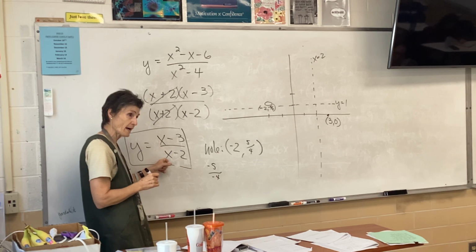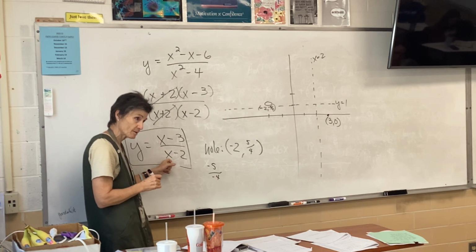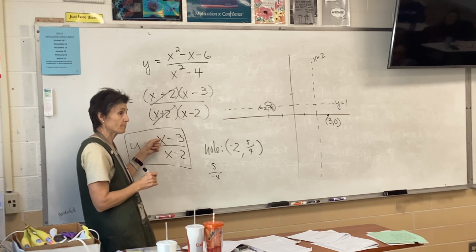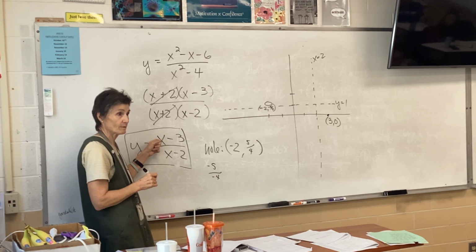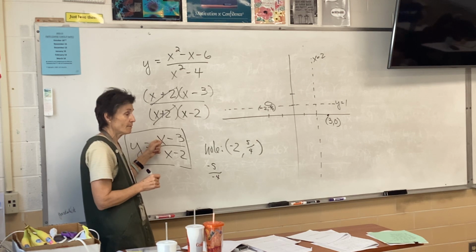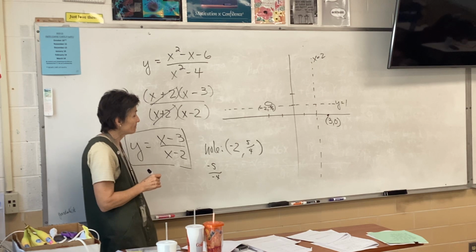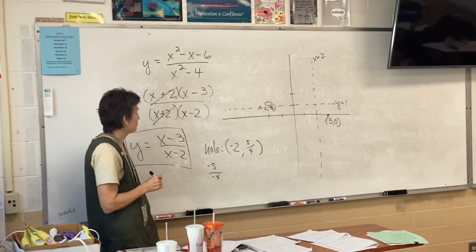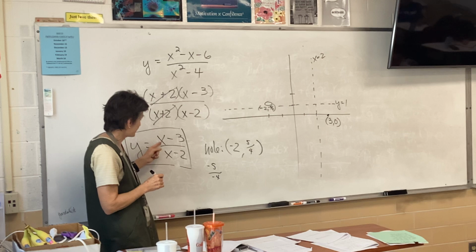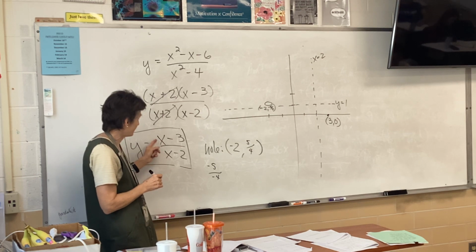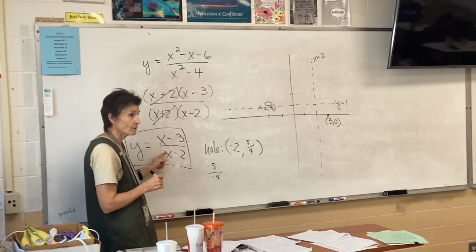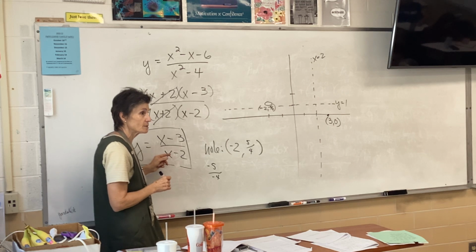Your vertical asymptote comes from the denominator. Your x-intercept comes from the numerator. And then how do I get my y-intercept? Plug in 0. And when you plug in 0, this is kind of an easy one. Don't you get negative 3 over negative 2? Which is 3/2.